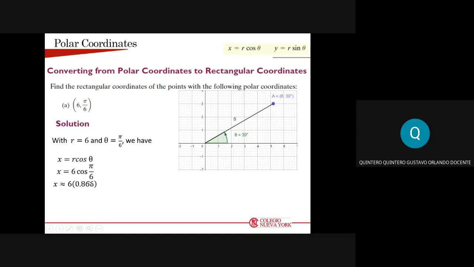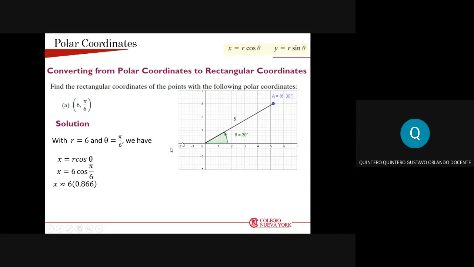Now, how do you do this using the calculator? Pretty simple. All you have to do is write down in the calculator cosine of pi over 6, and you are good to go. Now, since we are using radians, you have to make sure that your calculator is in radians. If your calculator is in degrees, then you cannot write this. You have to write cosine of 30.